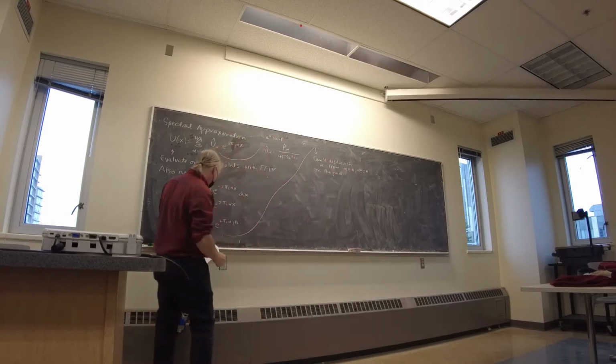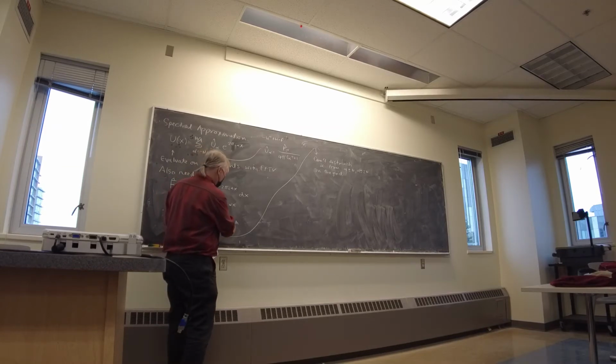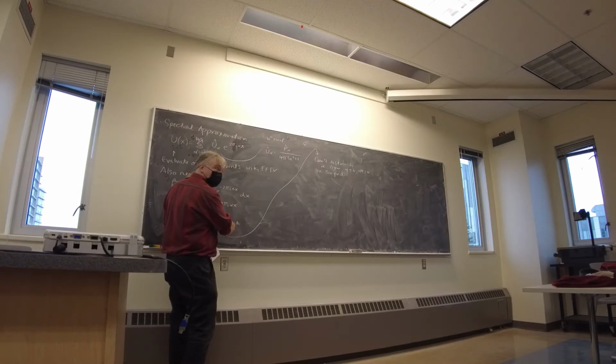If I change alpha by N, and h is 1 over N, then I'm just changing this argument by a multiple of 2 pi.